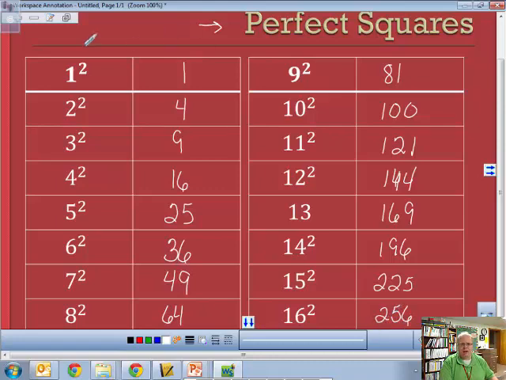Remember, if I have x squared, all that simply means is I have x times x. And it's perfect because I'm taking a whole number and squaring it, or multiplying it by itself.